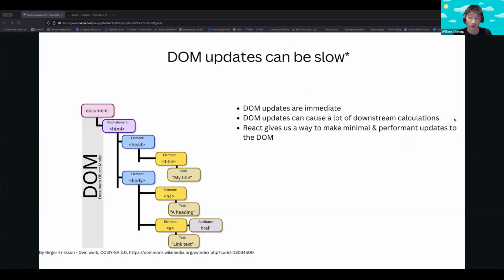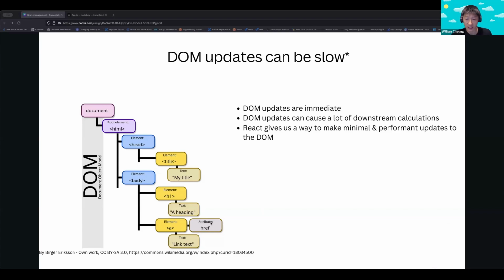Let's take a look at an example. Let's assume that we wanted to update the title and also replace the link here in the A tag with a form. If we were to do that with imperative DOM updates, we'd first update the title. And when we update the title, this is still a link tag, so it'll update the title and do all the calculations for the sizing, for the link tag and all that stuff.